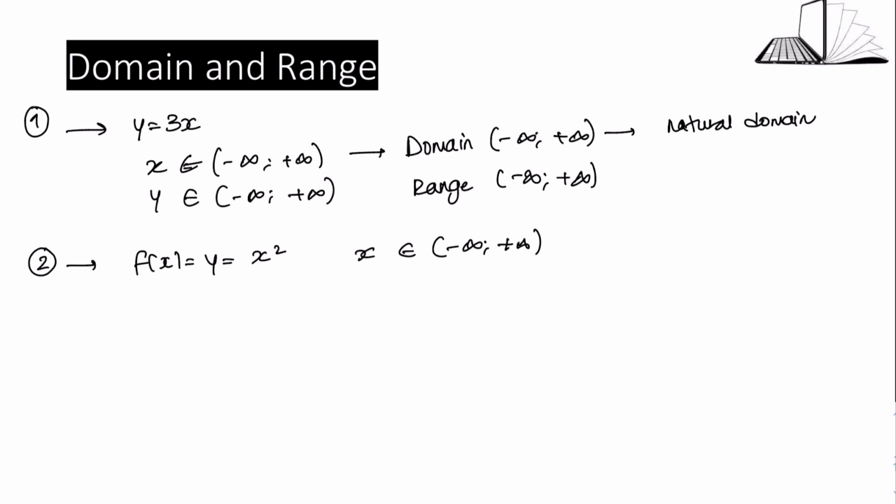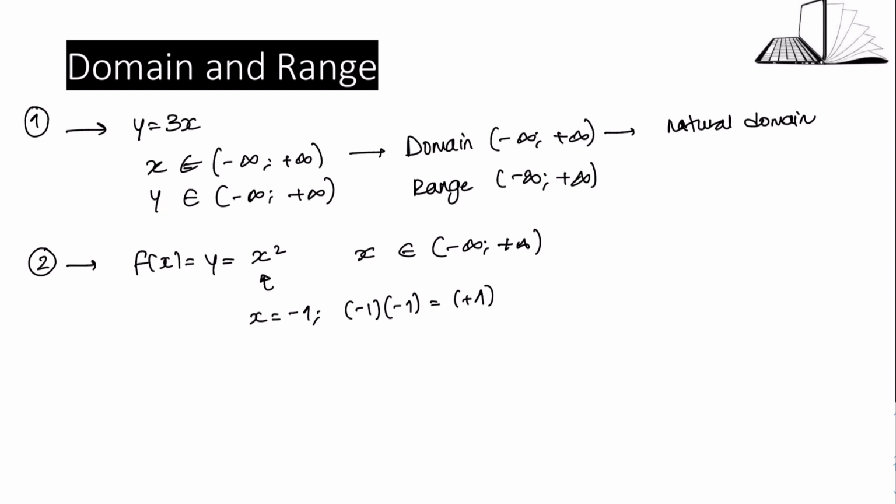However, if I put any negative value here, let's say x is equal to minus 1, then minus 1 times minus 1 is equal to plus 1. So the range is different than the x. The range is different than the domain.